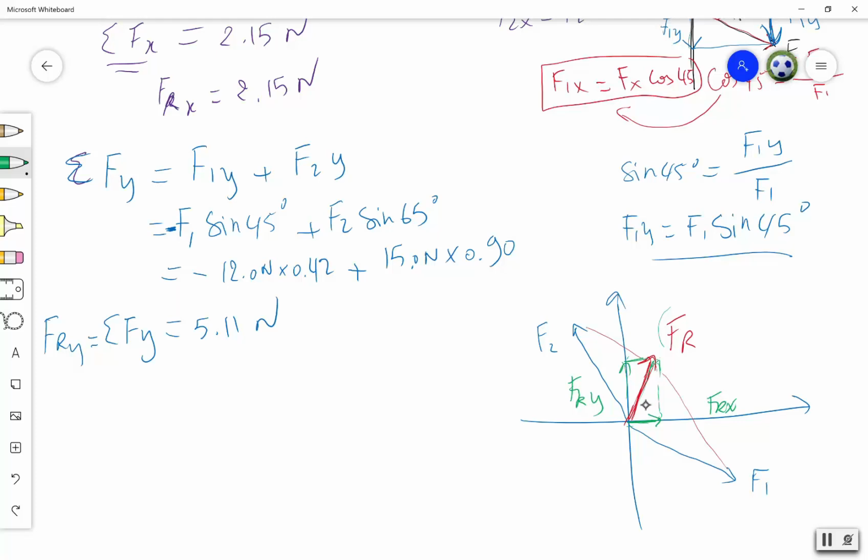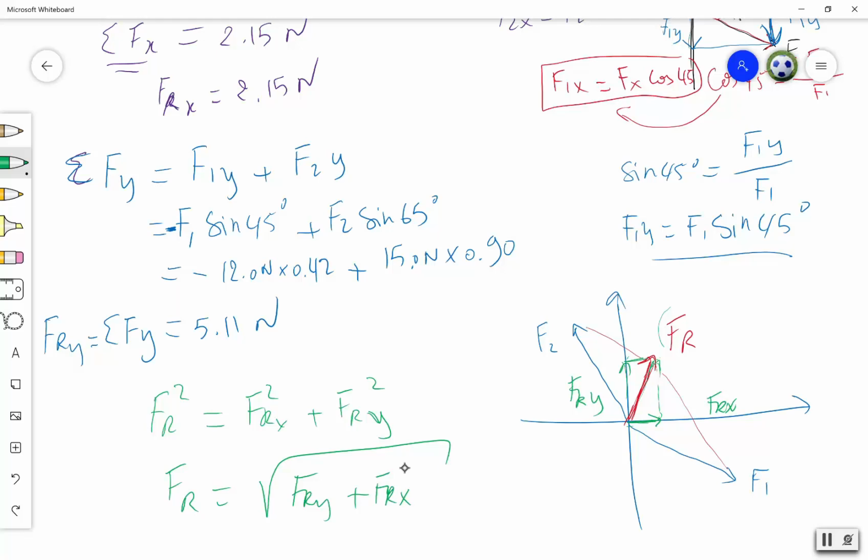From this right triangle, by the Pythagorean theorem, FR squared equals FRx squared plus FRy squared. So FR equals the square root of FRy squared plus FRx squared.